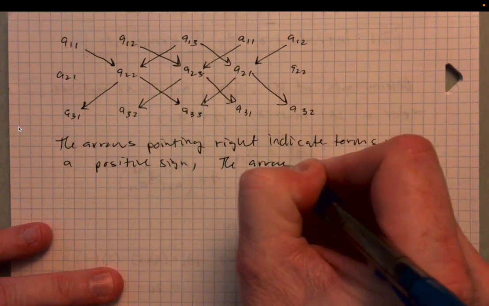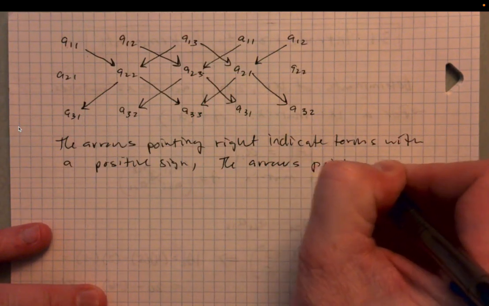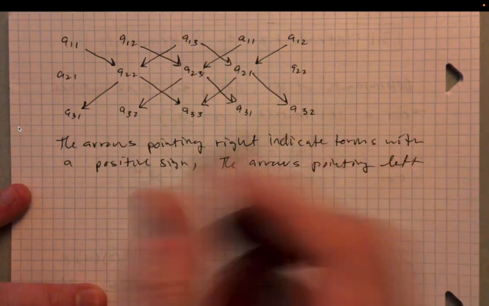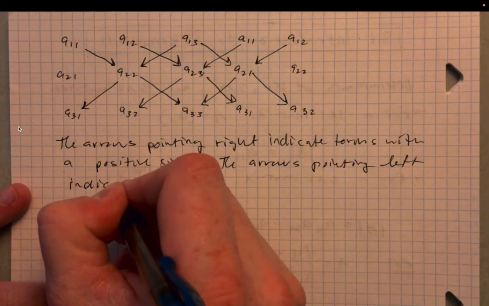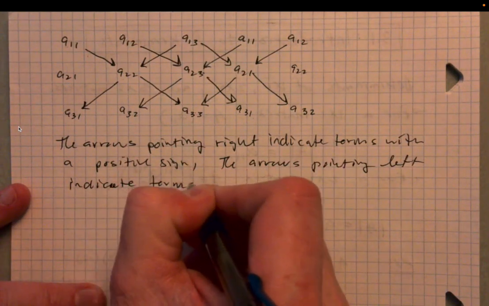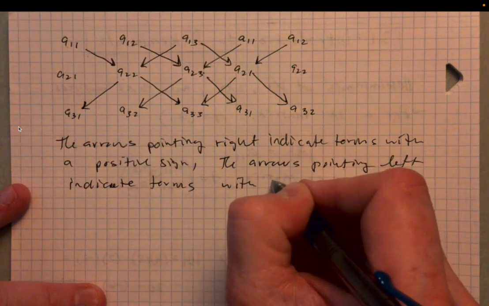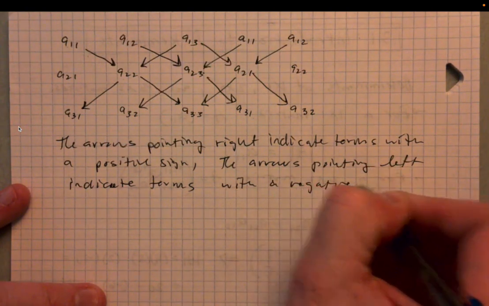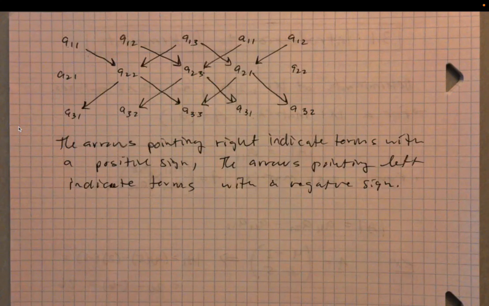So the arrows pointing left indicate terms with a negative sign. And so this is a better way to remember it.